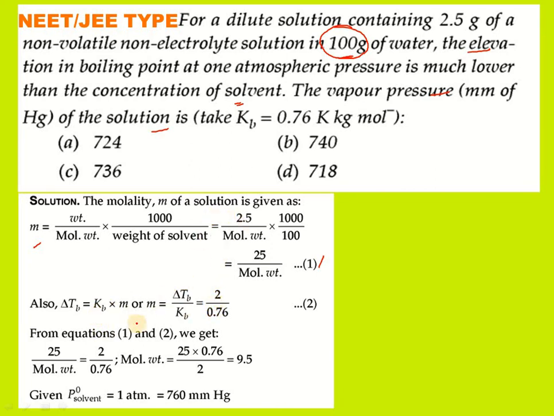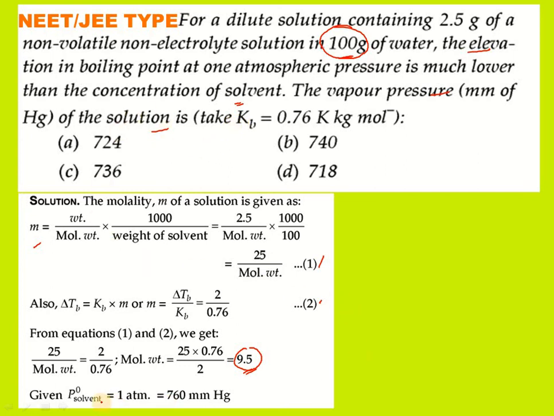Because we have to find the molecular weight of the solute. So the molecular weight of the solute will be calculated by equating the first equation and the second equation. We got 9.5, that is the molecular weight we got for that one.